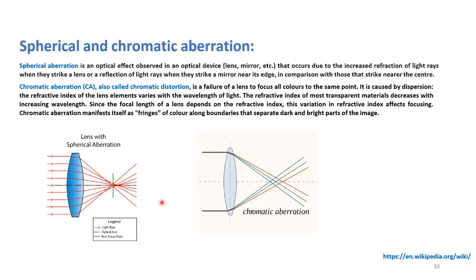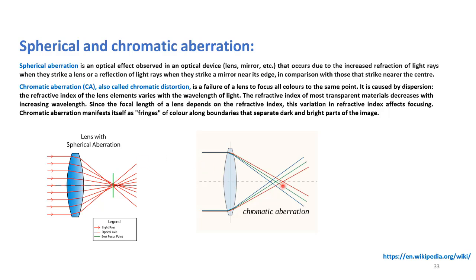Then there are some errors which are called spherical and chromatic aberration in lenses. Spherical aberration means there is a discontinuity in the lens surface. If the sphere is not properly polished or ground, then we will get focus at different regions. That is called spherical aberration.